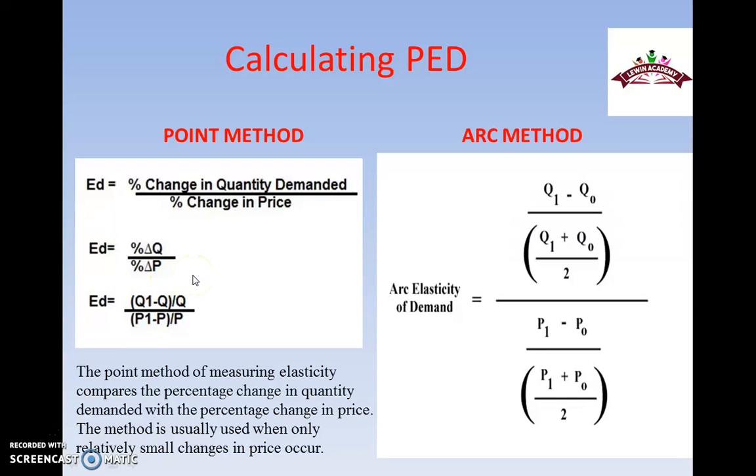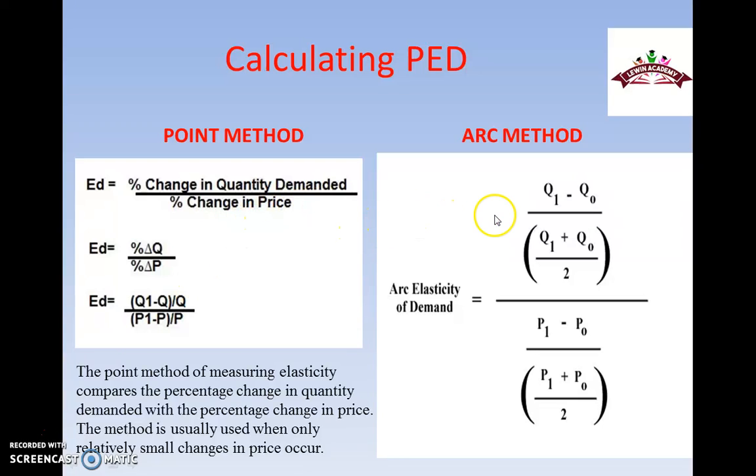You can label the first price P1 and the second price P2, the first quantity Q1 and the second quantity Q2. Then you say Q2 minus Q1 divided by Q1, and P2 minus P1 all divided by P1. Simple, right?